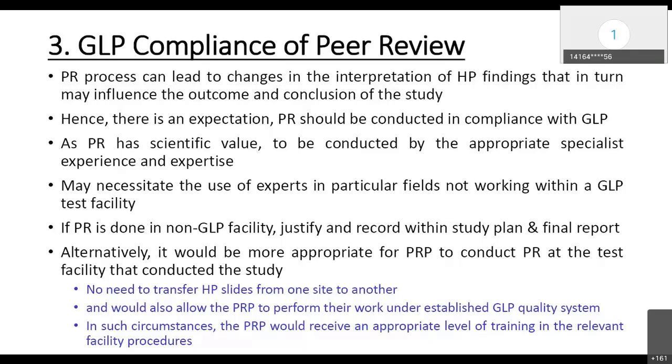So it has to be very clearly described in the report. The peer review process can lead to a change in the conclusion after the peer review is completed. It may not always happen, but it may happen.